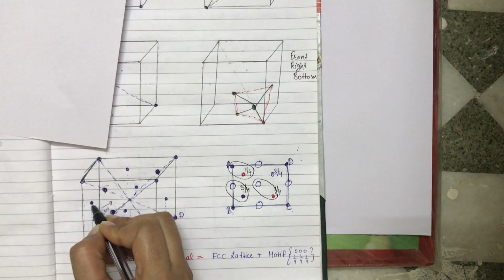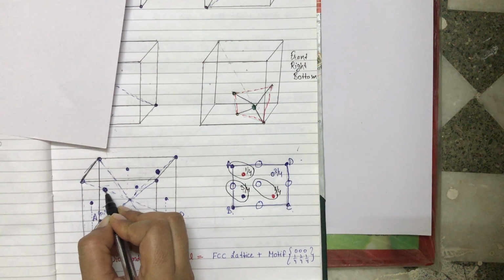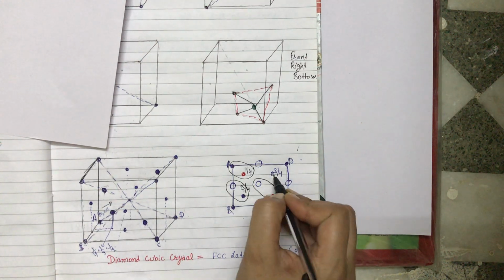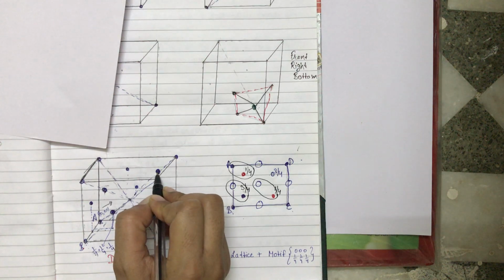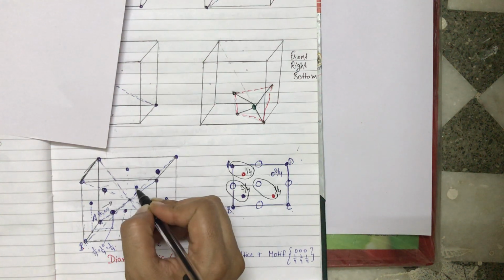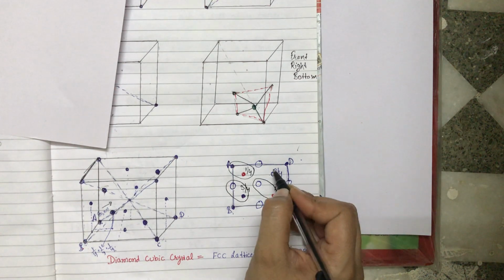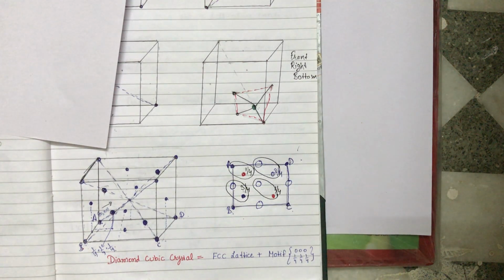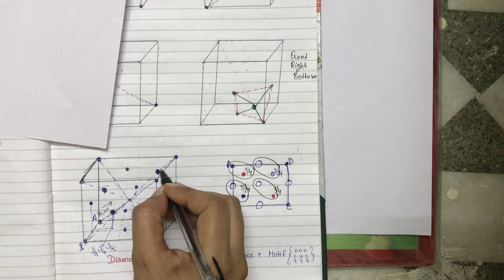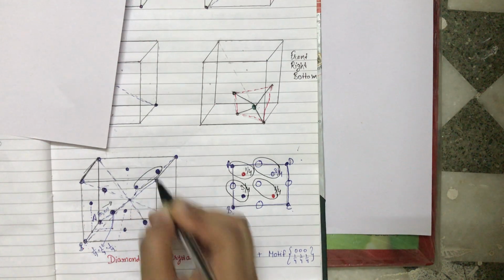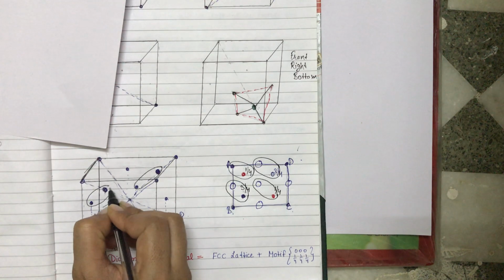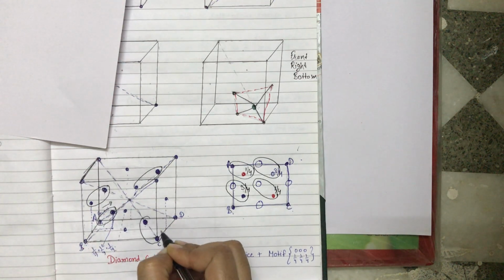If this is a lattice point, then another carbon atom is at this 1/4 of body diagonal. In a similar way, this 3/4 is connected with the back side face centered position, which is this point. So if this is a lattice point, then it is connected with this point. This one is for this, and this is for this.